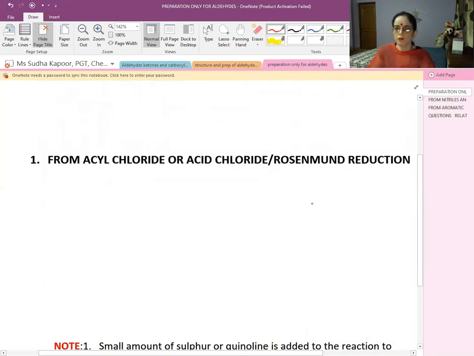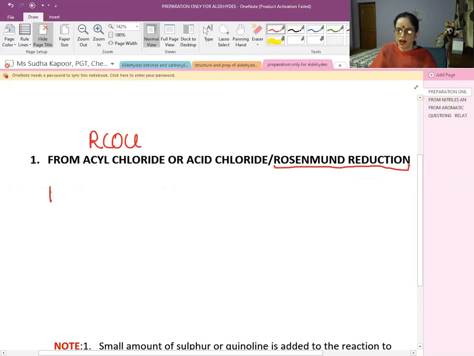The first is from acid chloride. So what are acid chlorides? These are RCOCl, and when we are talking about the aromatic one, the alkyl part R is replaced by the phenyl group. It is applicable in both cases. This reaction is usually given the name Rosenmund reduction. Remembering the term reduction, we will be adding hydrogen.